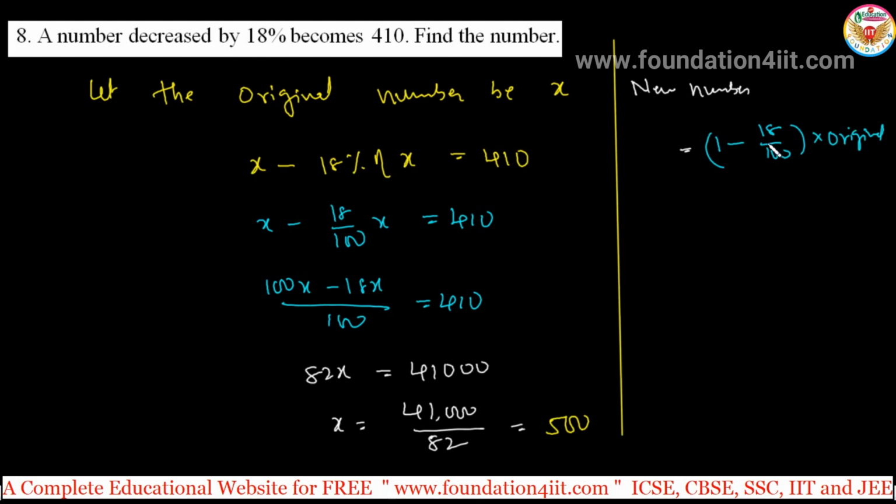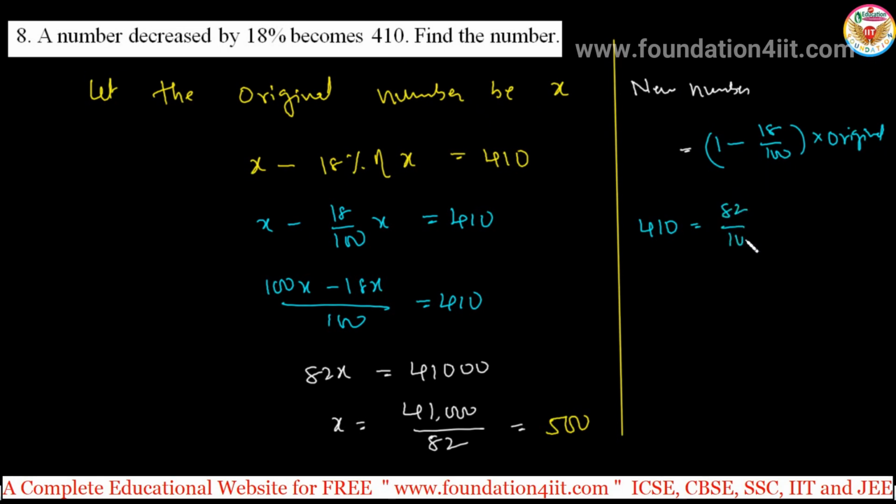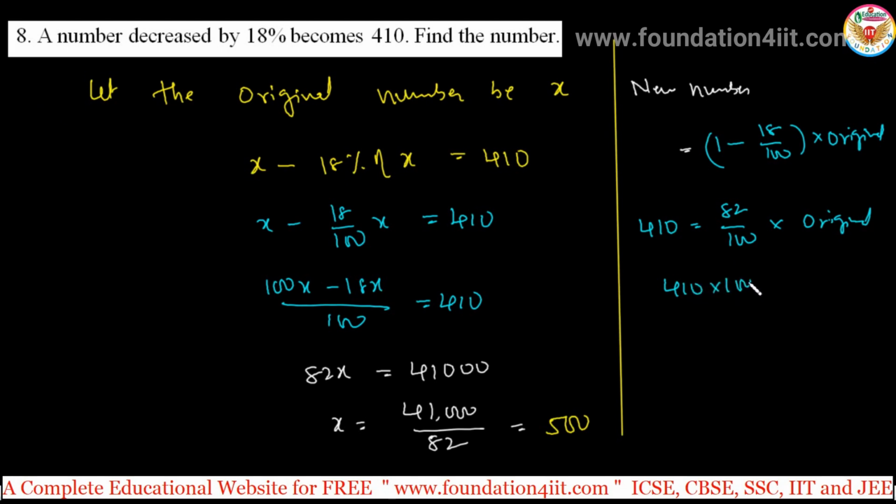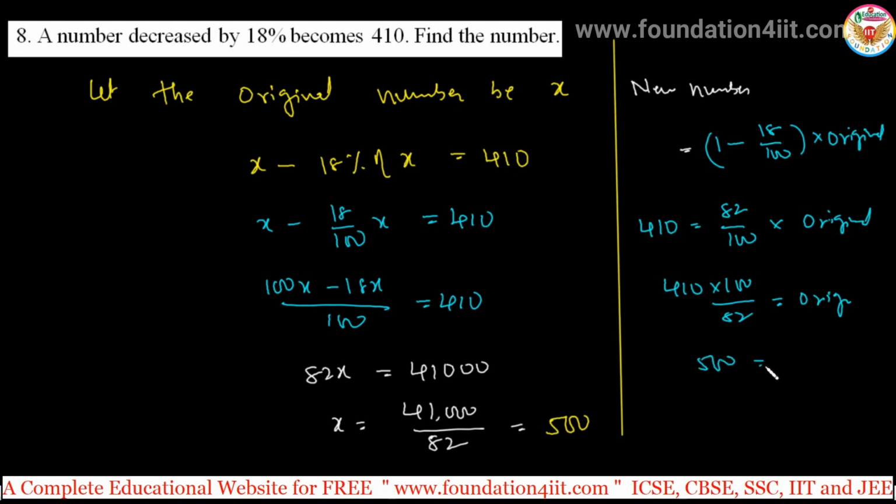New number is equal to original number into 1 minus 18 by 100. The new number they gave is 410, equal to 82 by 100 into the original number. Now based on this, 410 into 100 by 82 is equal to the original number. You just simplify, you'll get the same 500. That is the original. I'm not writing it in full. So this is one more way we can use the formula like the previous one.